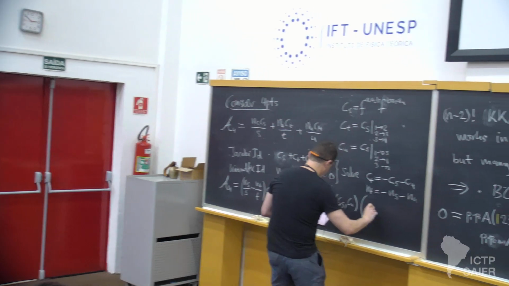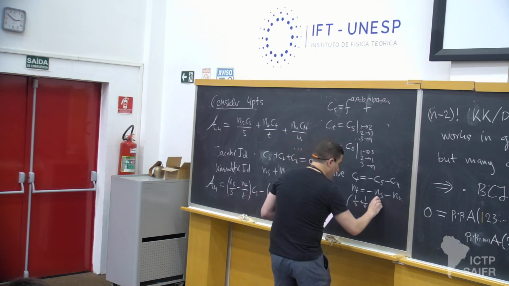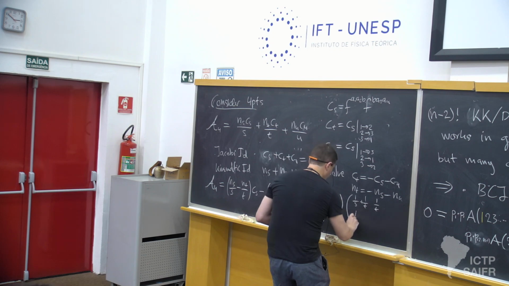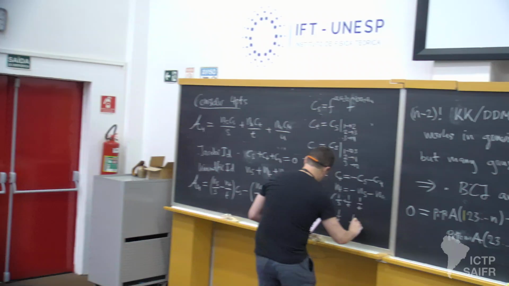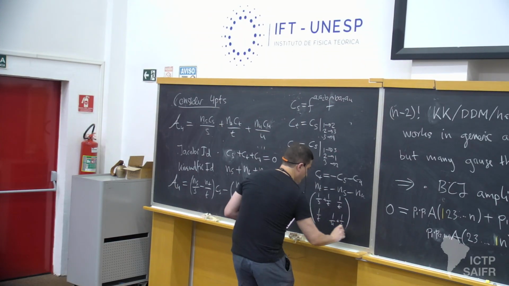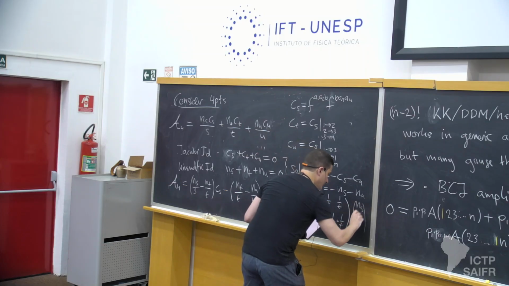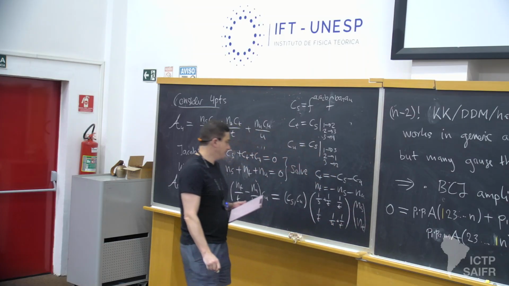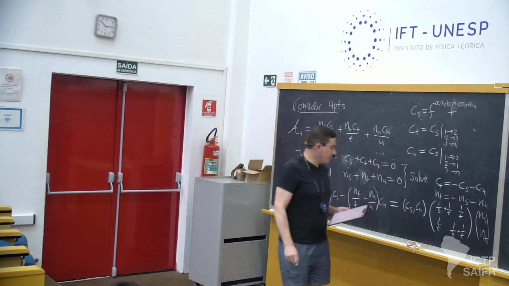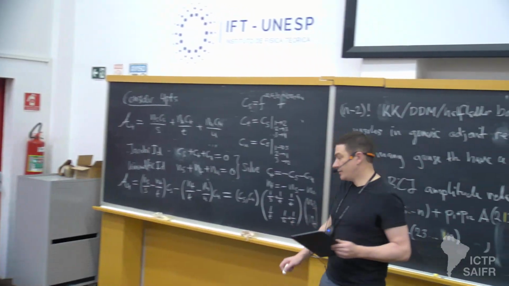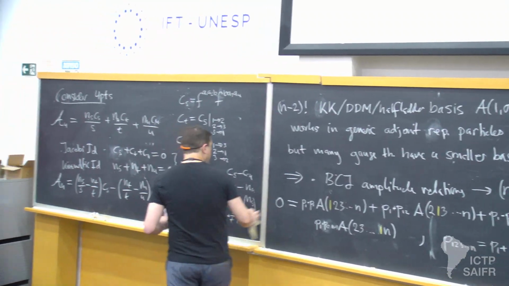Then we have a matrix, 1 over S plus 1 over T, 1 over T, 1 over T, 1 over U plus 1 over T, multiplied by a column vector NS and NU. Okay, so I basically eliminated both the T-channel color factor and the T-channel numerator, and I got this matrix representation of our amplitude.